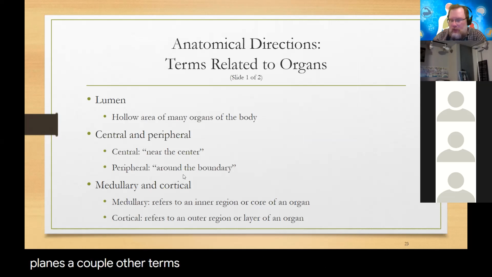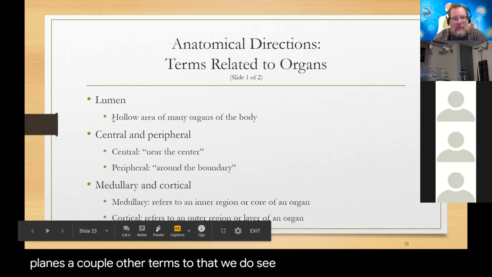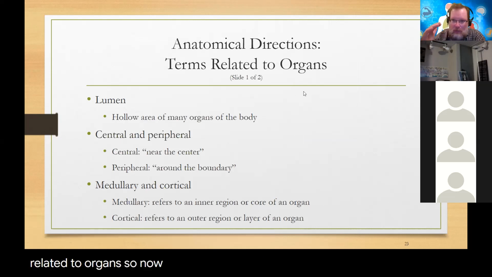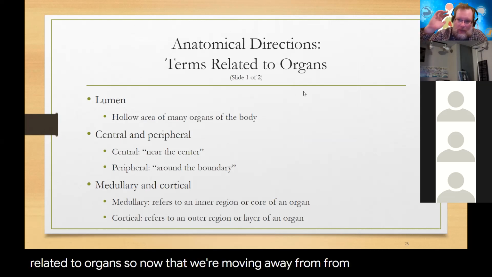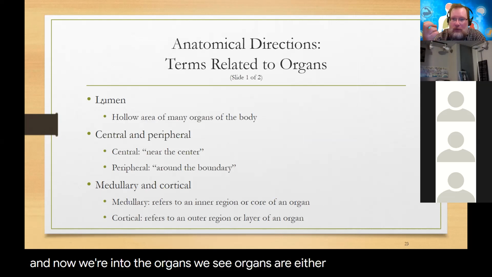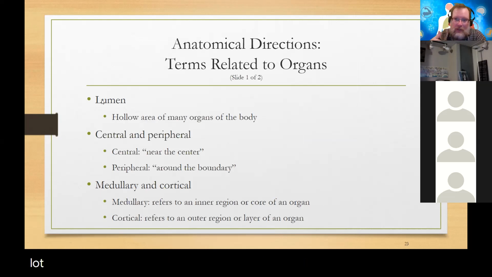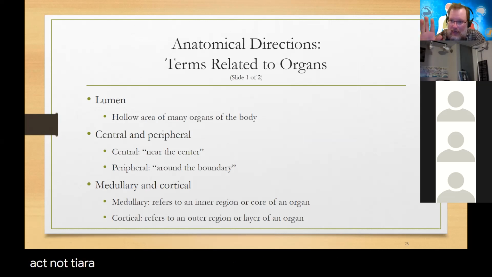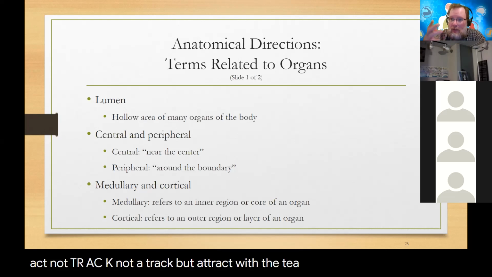A couple other terms too that we do see throughout all of these, so terms related to organs. So now we're moving away from cells and tissues, and now we're into the organs. We see organs are either hollow or they're solid. A lot of the digestive tract is going to be hollow. If you hear the word tract, T-R-A-C-T, not T-R-A-C-K, not a track, but a tract with a T, that's an indicator.